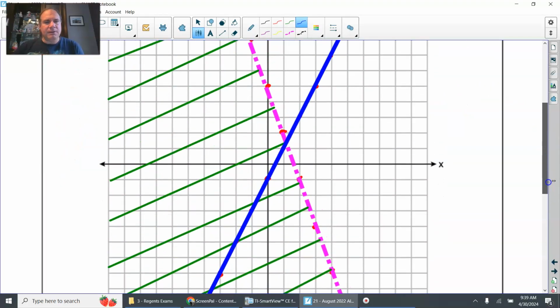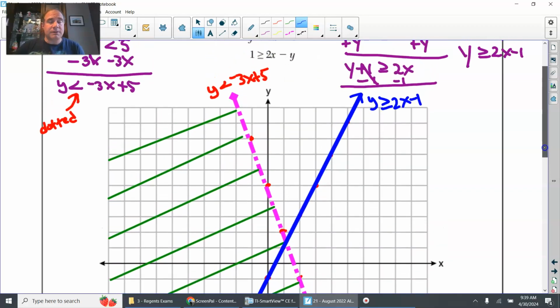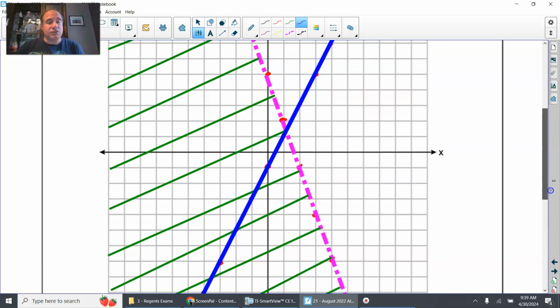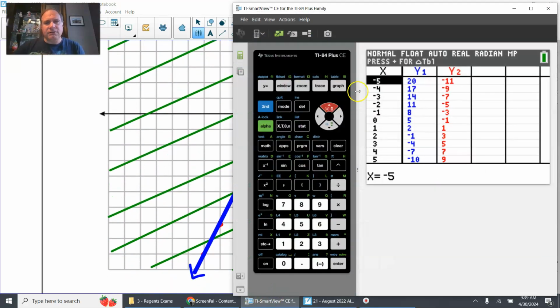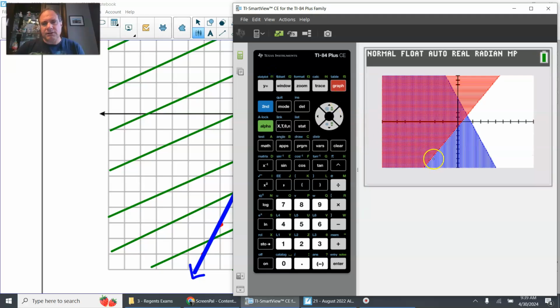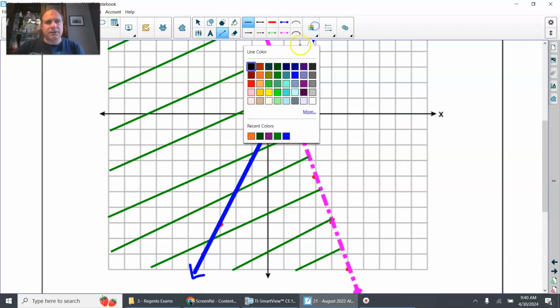The only thing I have to do, remember it's a solid line because it's greater than or equal to, and the only thing I have to do is shade above the line. It's greater than. And just take a look at the calculator. It says greater than is above the line in red, right? So we are going to shade that above the line, and as soon as I get my act together here, we'll do that above the line right here.